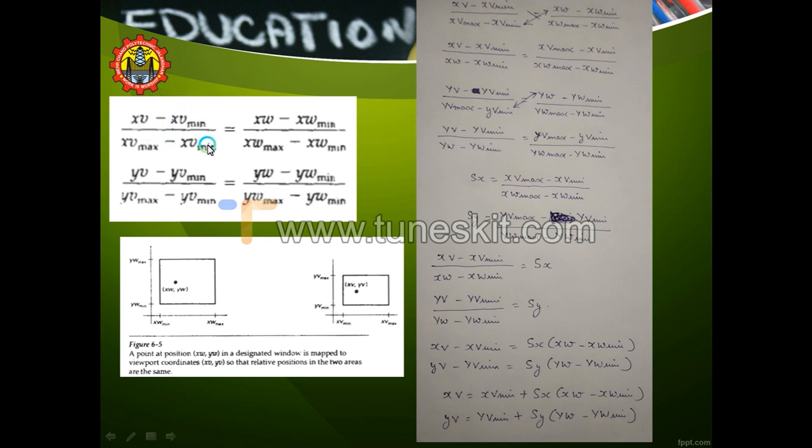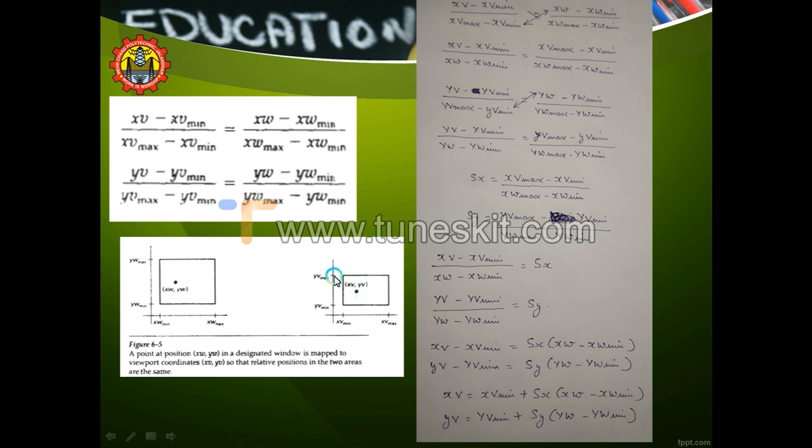Same with respect to y coordinates, right? yv minus yv minimum, this is what it talks about. How did yv minimum come?